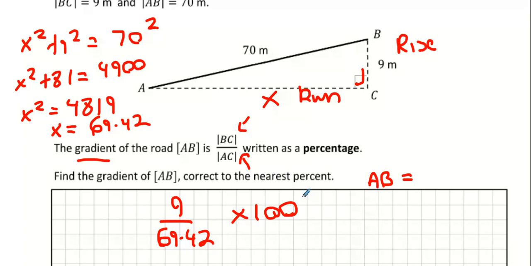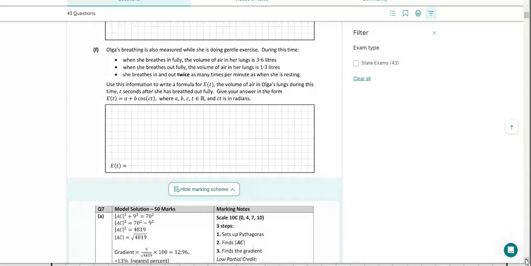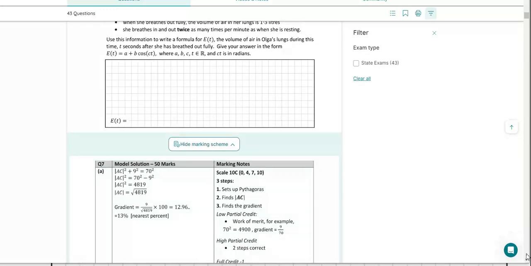What do you get? 12.96%. I'm going to have a quick check at the marking scheme, right underneath. Our 12.96 rounds off to 13%.